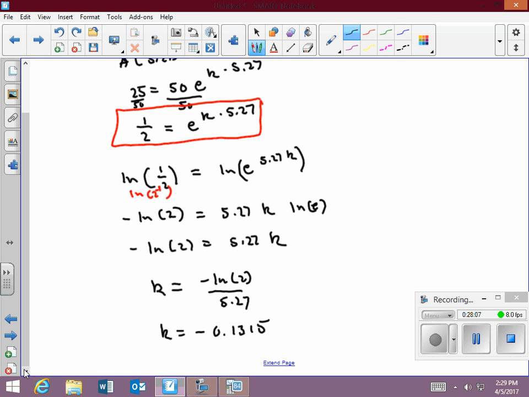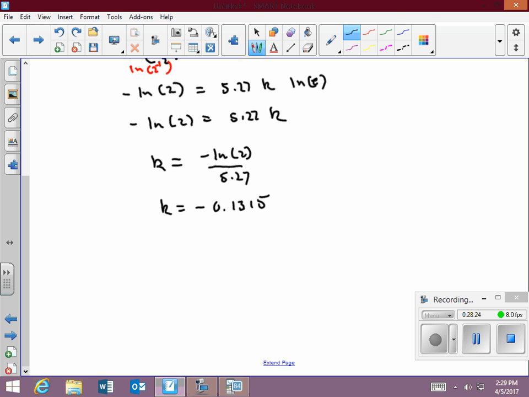And then the second bulleted point says find a function which gives the amount of isotope A which remains after time T, keeping the units of A and T the same as in the given data. So all they're saying is put all this stuff together. So A of T equals A0, right?